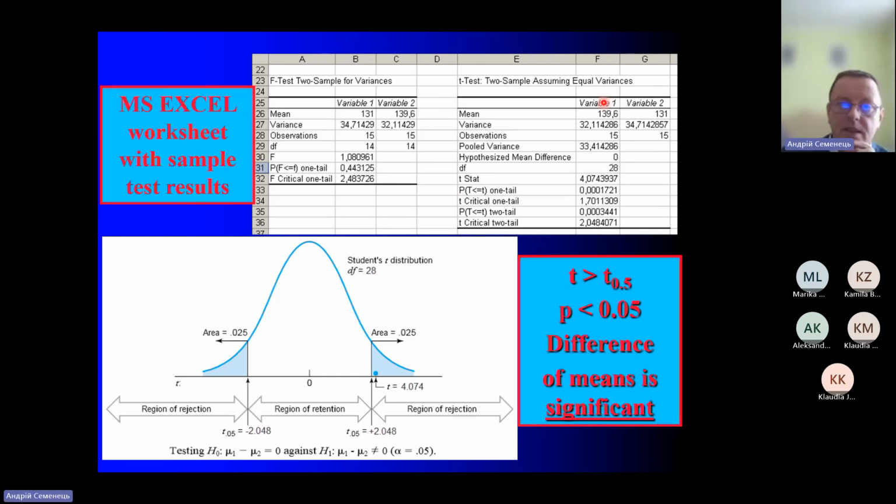Anyway, we start with the test statistic for equal variance, and here we got a completely different result. We compare equal, not equal, so we use significance two-tail and critical two-tail. The test statistic is much greater than the critical two-tail, so we have to reject the null hypothesis.